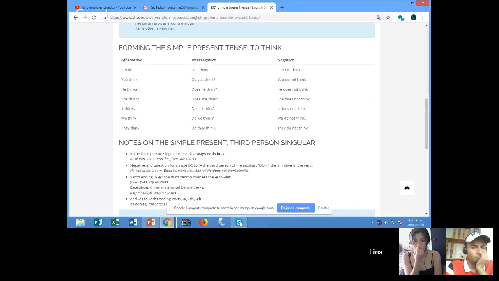She thinks the same thing. We add the S at the end of the verb because it's third person. Does she think? She does not think. Or she doesn't. We can actually use the other form.